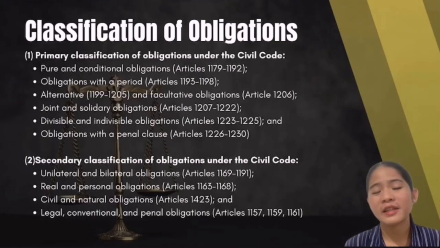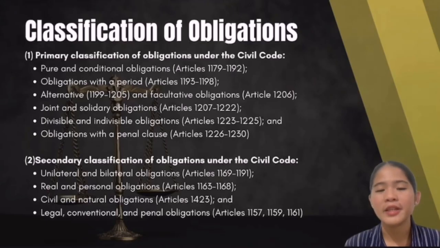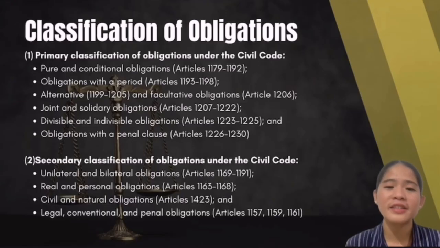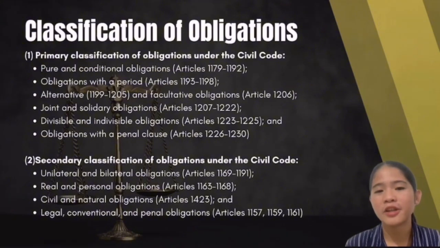Secondary classification is unilateral and bilateral obligations, real and personal obligations, civil and natural obligations, and legal, conventional, and penal obligations. So obligations can be categorized based on their conditions, structure, and enforceability. Understanding these classifications helps in analyzing contractual agreements and determining the rights and duties of parties involved.